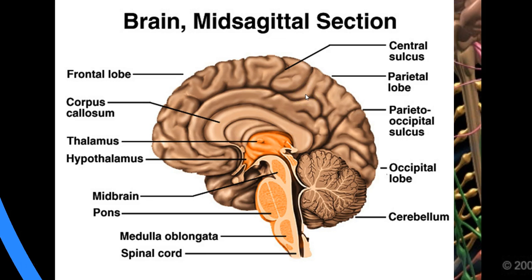So this is where pain and pleasure and pressure and touch and a raft of other sensory information, often coming from places like the skin and your soft tissue, would end up, and it would make sense of the information that's coming in. It would then communicate with the frontal lobe to make a decision on what needs to be done in response to the feelings it's getting, and then send the information out.